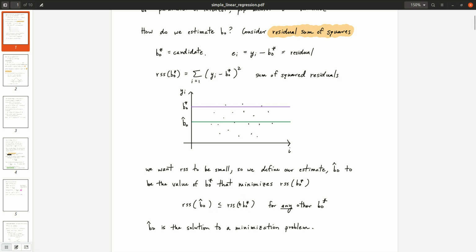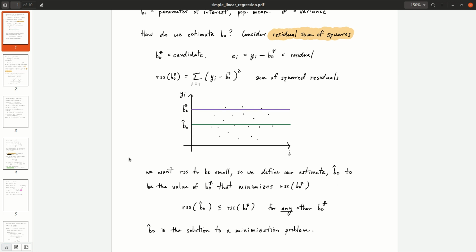I just want to have a different symbol from B0, which we're going to think of as the true value of that parameter. Okay, so in summary, this B0 hat is the solution to a minimization problem. It's the value of the parameter that minimizes the residual sum of squares.